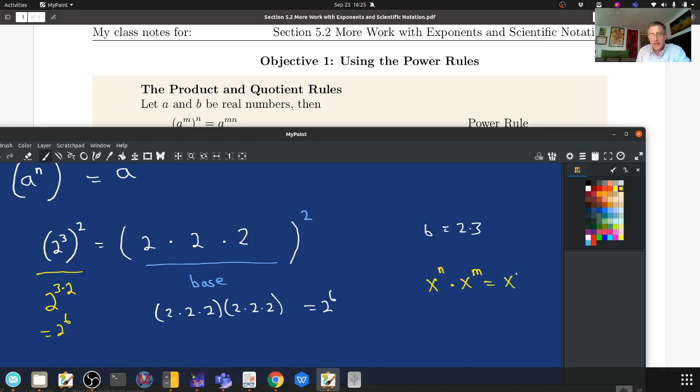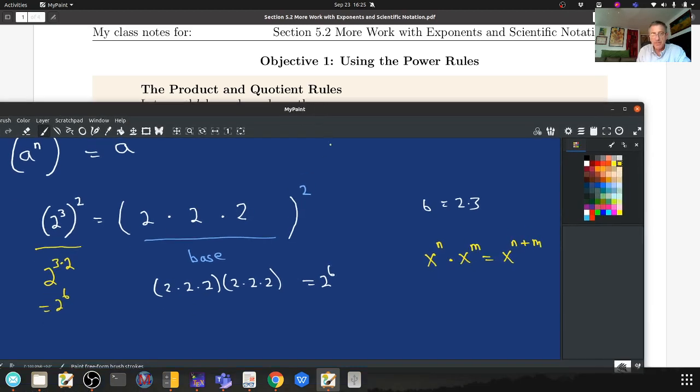So we get x to the n plus m. See how that looks different? Versus x raised to the n, which becomes a new base for another power raise. That's x to the n times m.